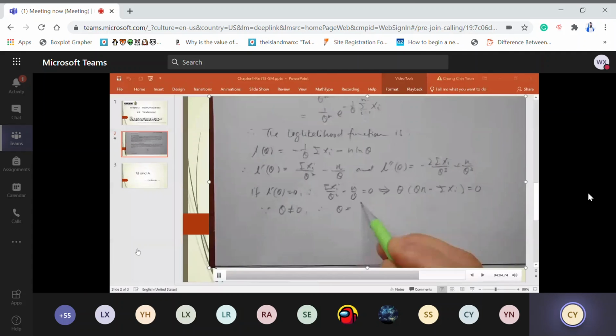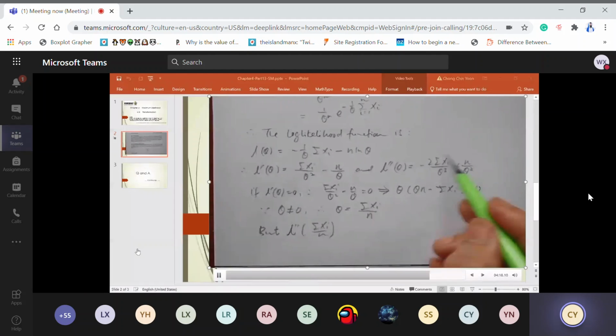But for the second order with this value, when we substitute this value into here, then we will have negative n cubed divided by summation of xi squared. Since n is positive and this is always positive, the whole thing is negative.